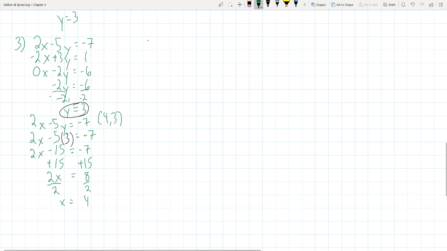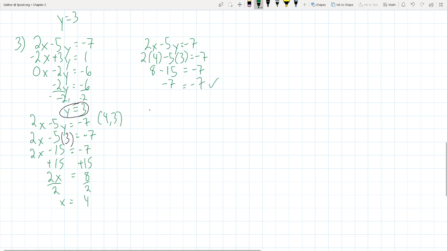We're going to plug those in. So 2x minus 5y equals negative 7. So 2 times 4 minus 5 times 3 is negative 7. 2 times 4 is 8. Negative 5 times 3 is negative 15. 8 minus 15 is negative 7, so negative 7 equals negative 7. Awesome, that one works out.